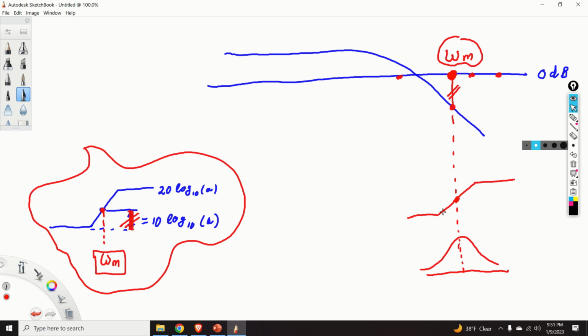Now, by looking at the magnitude plot of the uncompensated system and keeping in mind that this distance over here corresponds to this distance over here, the magnitude plot of the compensated system will look like this.